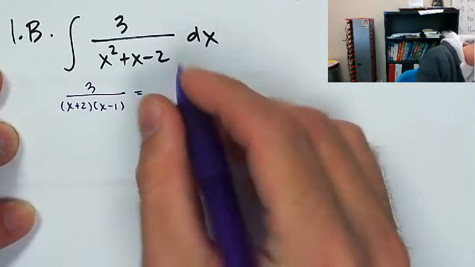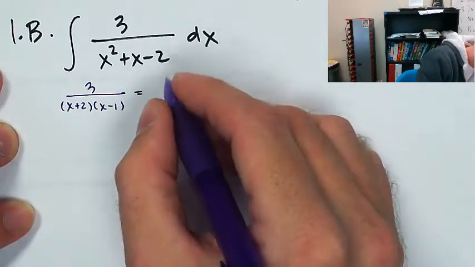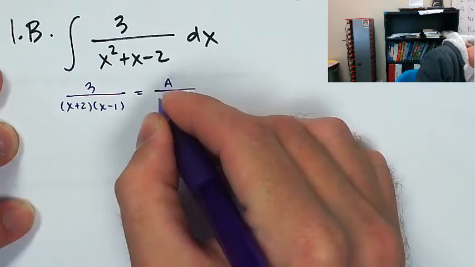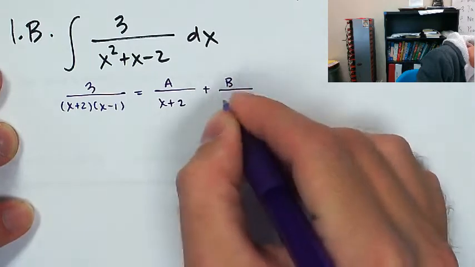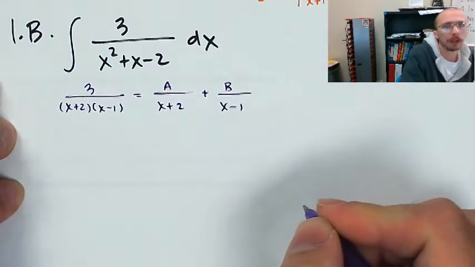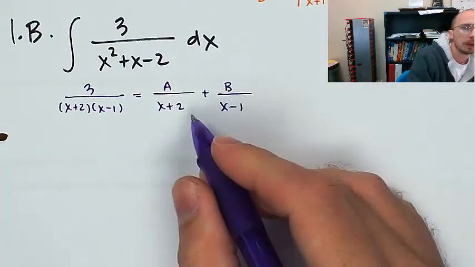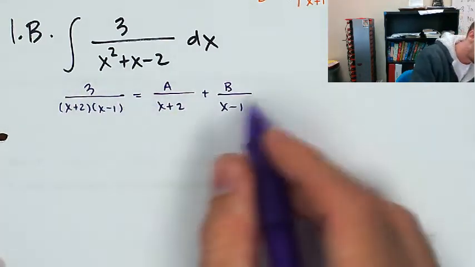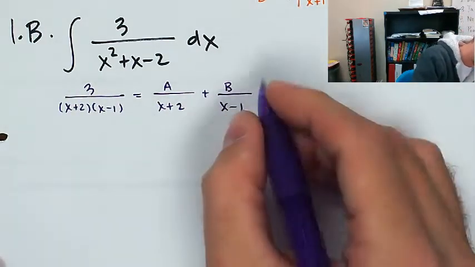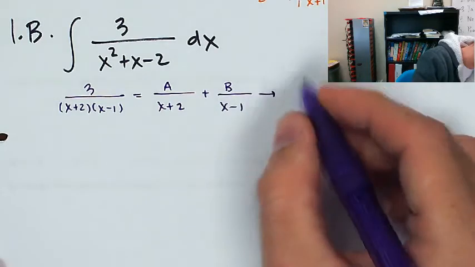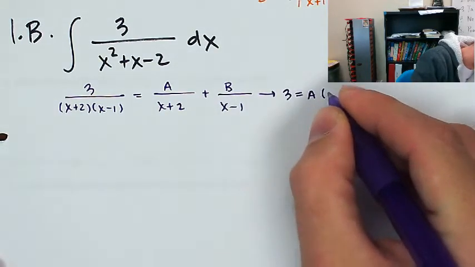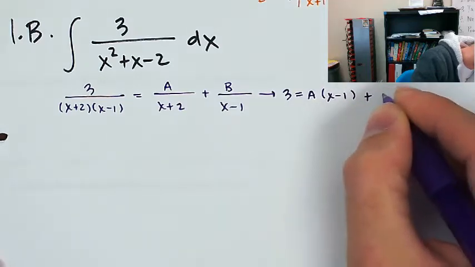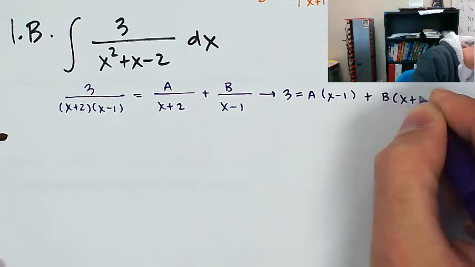And that's equal to some number divided by x plus 2 and some other number divided by x minus 1. Okay, so I'm going to multiply both sides of the equation by x minus 1 and x plus 2 to clear out the denominators, and I'll get 3 equaling some number times x minus 1 plus some other number times x plus 2.